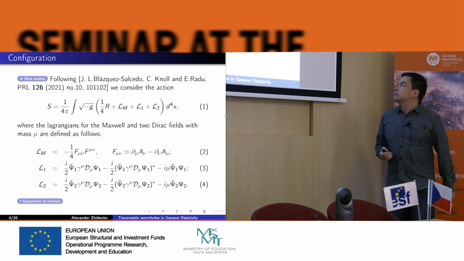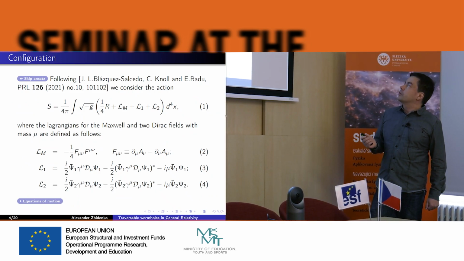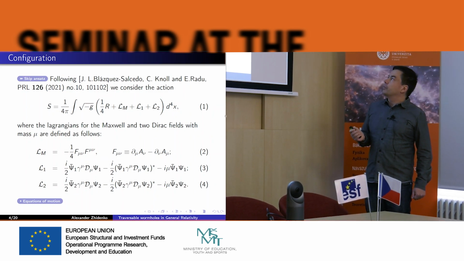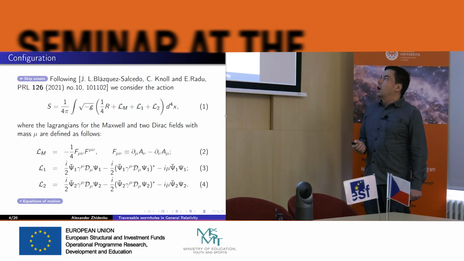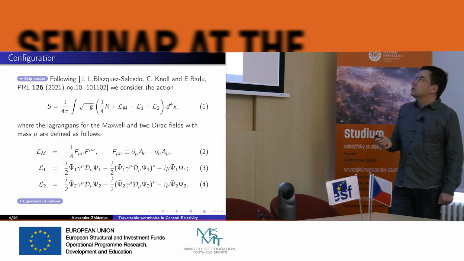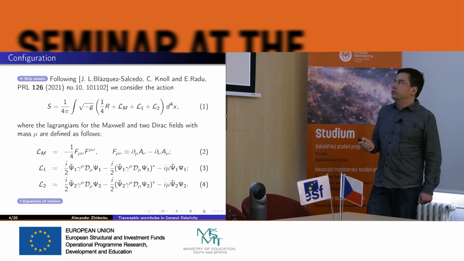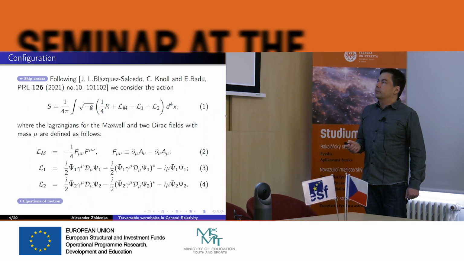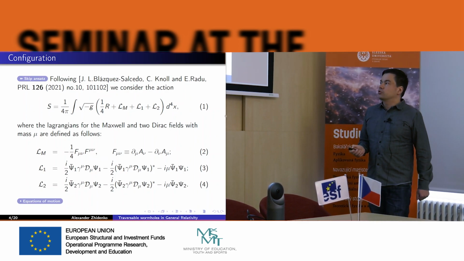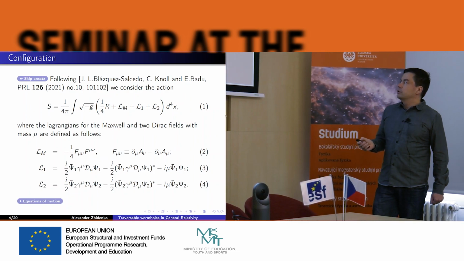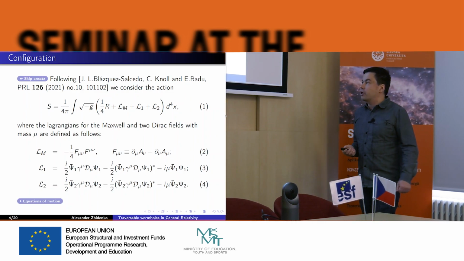I would like to start with this model, which was proposed by these guys in this paper in 2021. And the model includes the normal Einstein theory, general relativity, the electromagnetic field, the Maxwell field, and two fermion fields with mass and the same charge, with the same mass and same charge.